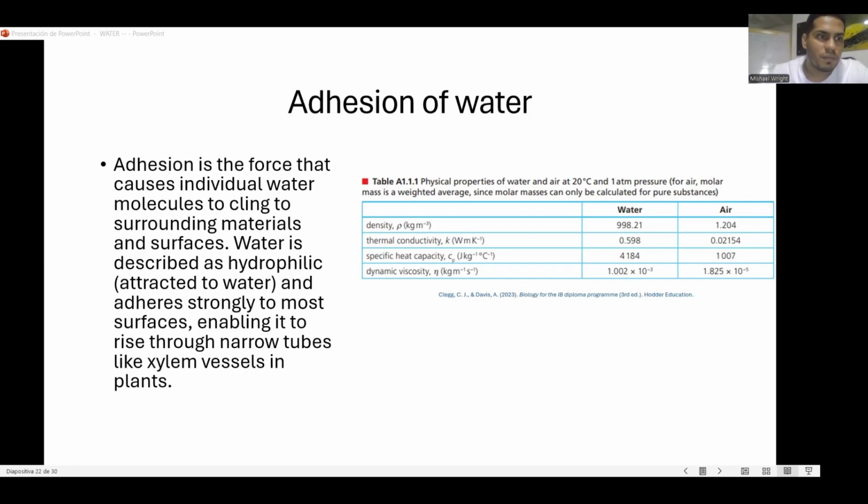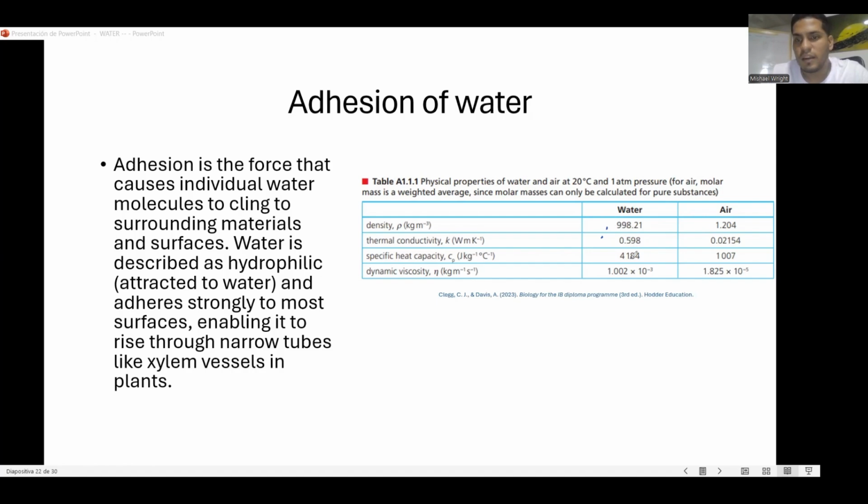So here we have, for example, the density of water, which is 998.21, but in air it's going to be more. Sorry, it's going to be less. So for water it is 998.21, in air it is 1.204. The thermal conductivity in water in this case is 0.598, in air it is 0.02154.